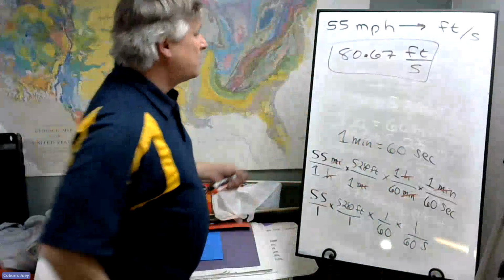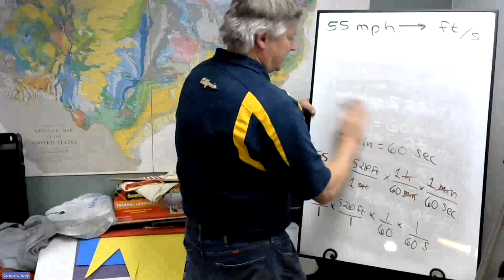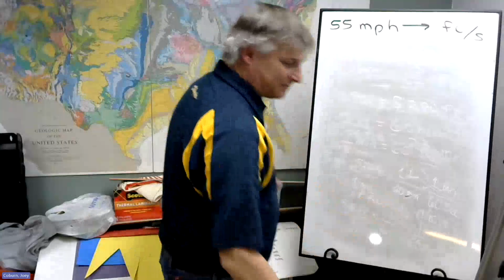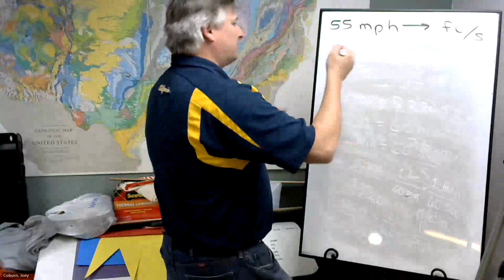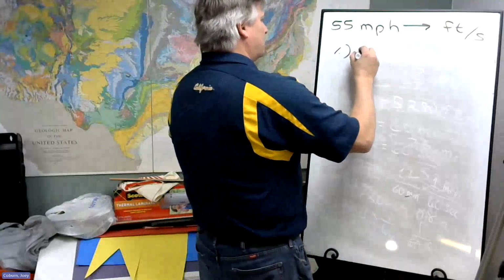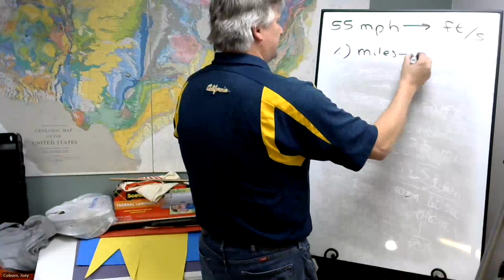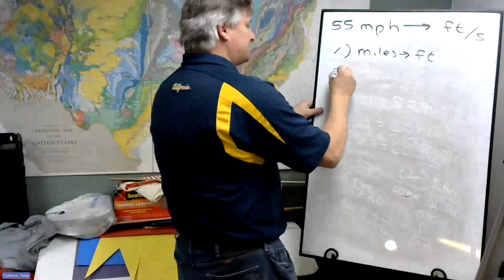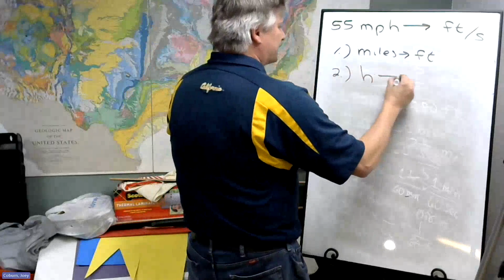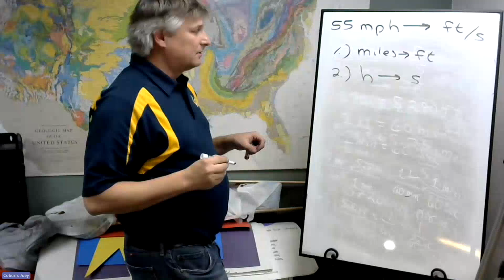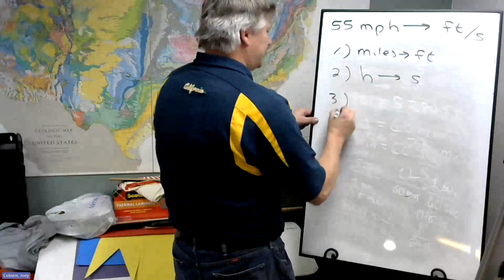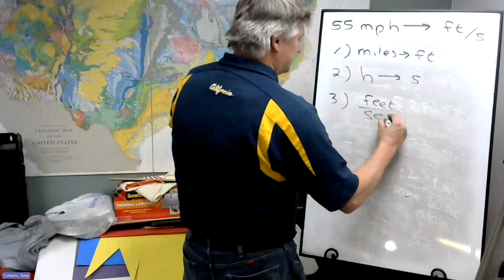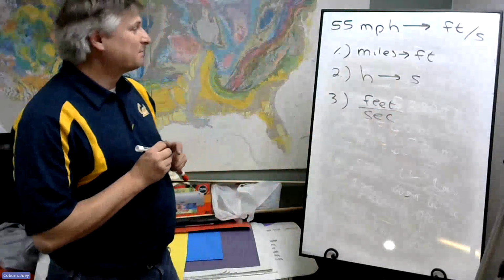Now, there's another way you could go about this. We could do stepwise. In fact, I'll do a purely stepwise approach, where the first step will go miles to feet. For the second step, we'll go hours to seconds. And then lastly, we'll take the feet that we have, divide by the seconds, and that'll give us our answer.